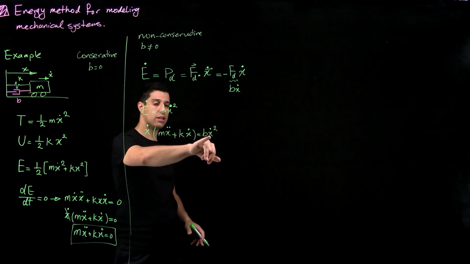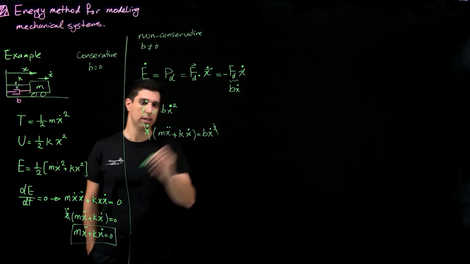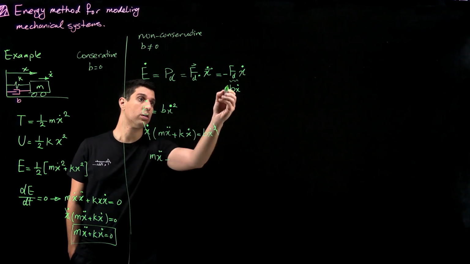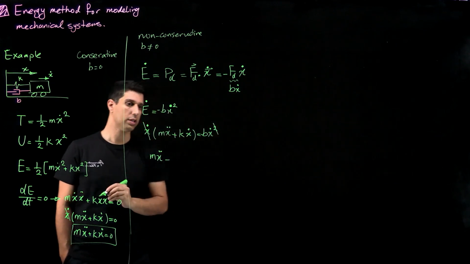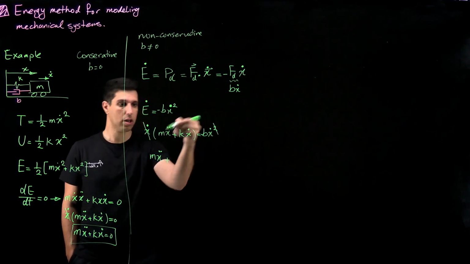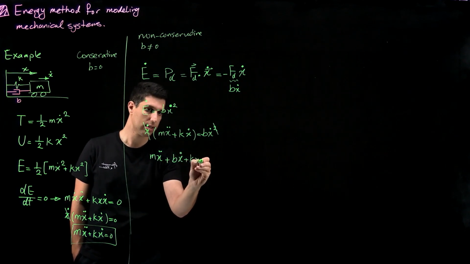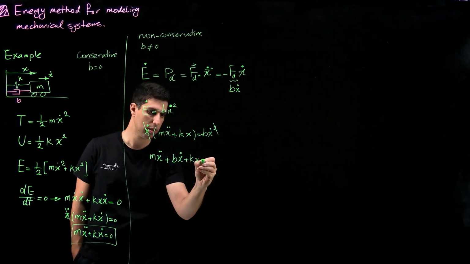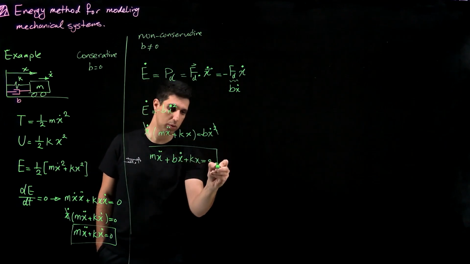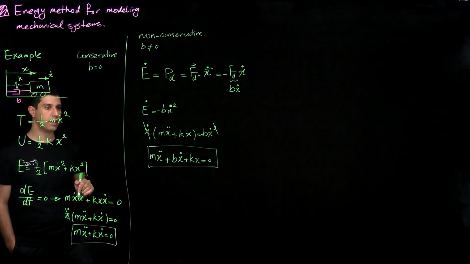So pretending that x dot is not 0, I can cancel this, and I'm left with m x double dot plus b x dot plus k x equals 0. And this is the equation of motion we arrived at last time when a system has a damping.